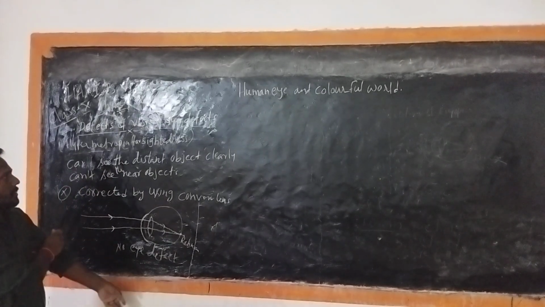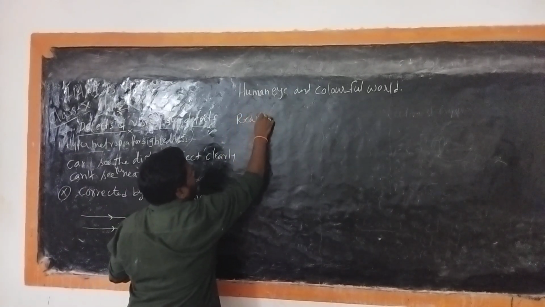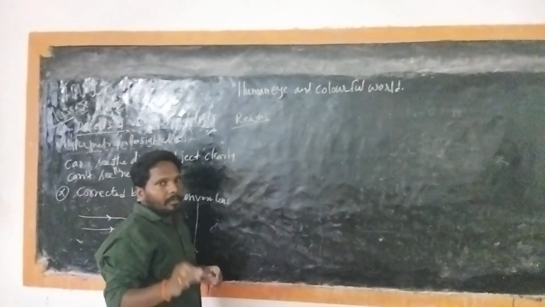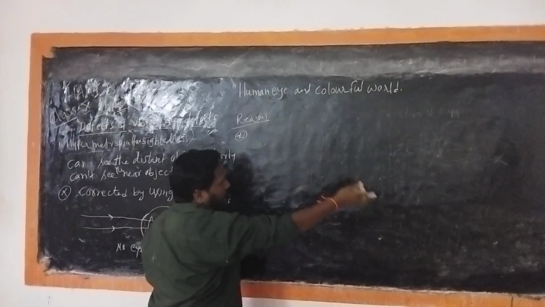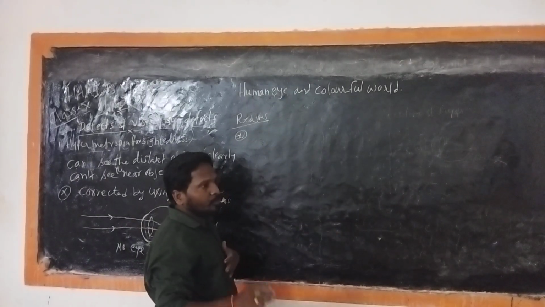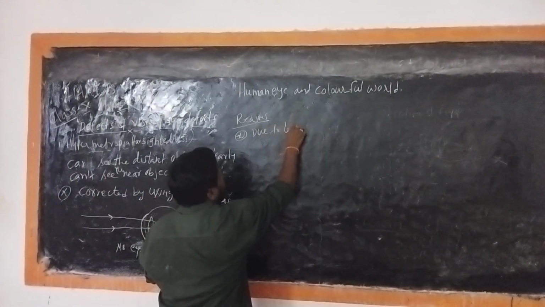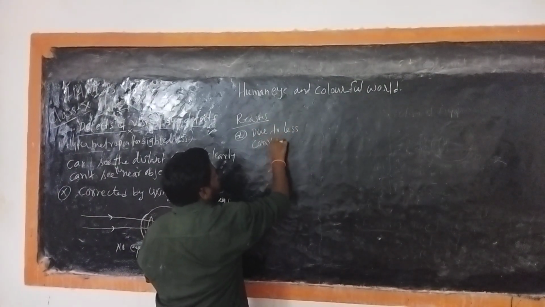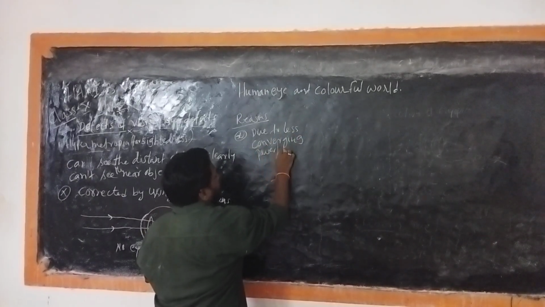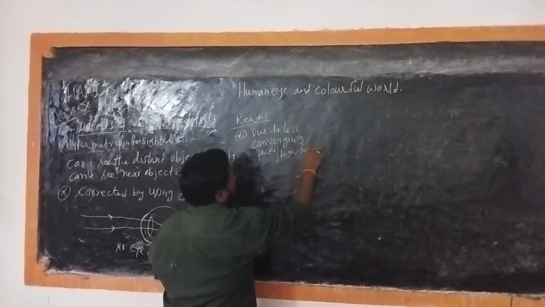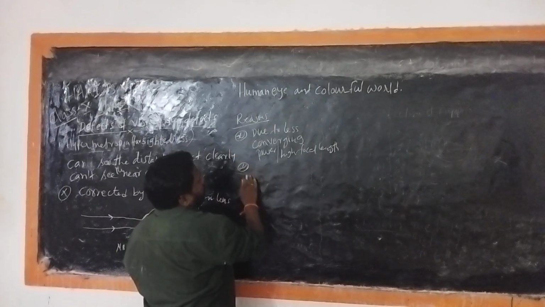So the reasons for this defect of vision: in case of myopia, we discussed that it is due to high converging power. Here, it is due to less converging power, or high focal length, or more focal length of the eye lens, or the eyeball being too short.